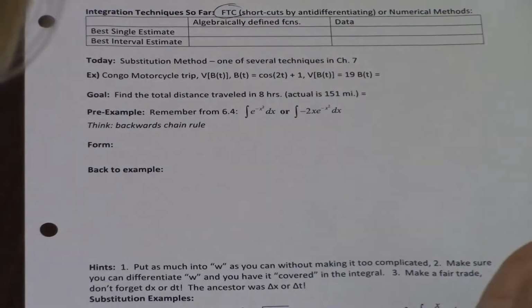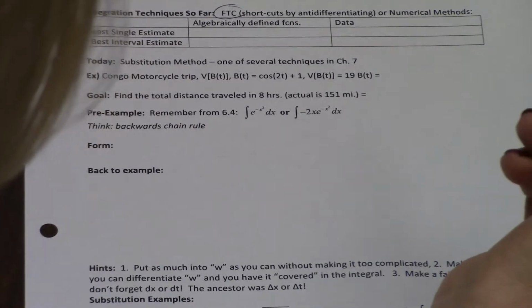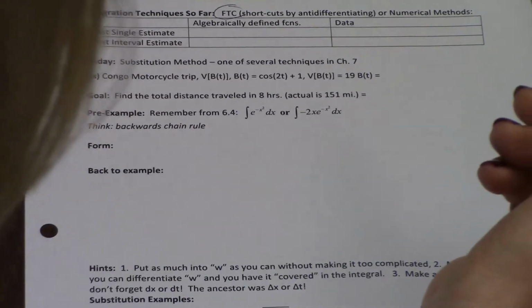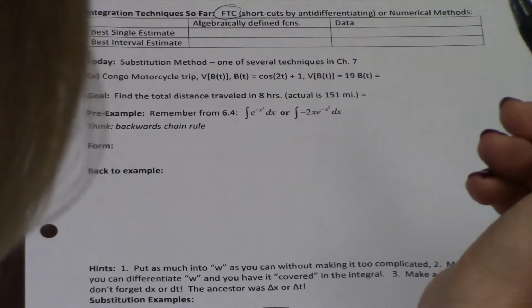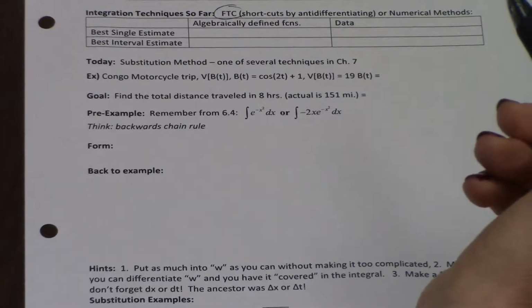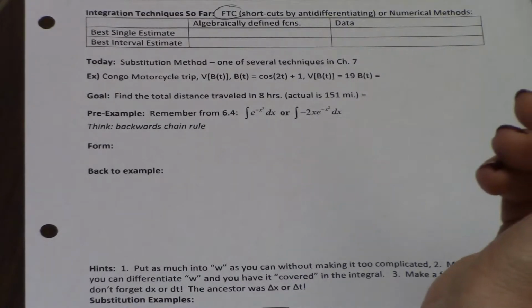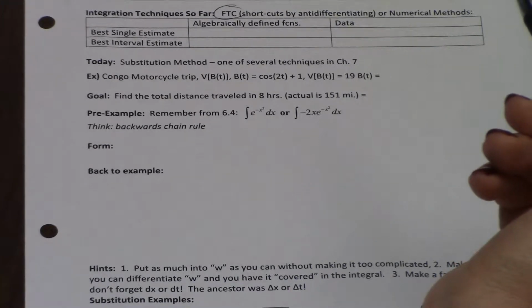And the fundamental theorem of calculus is great if we can do that, but we can't always find an antiderivative, so then we learned how to use numerical methods, and that's why we did the first project. Because we're not always going to be able to antidifferentiate. So sometimes we need to numerically integrate.